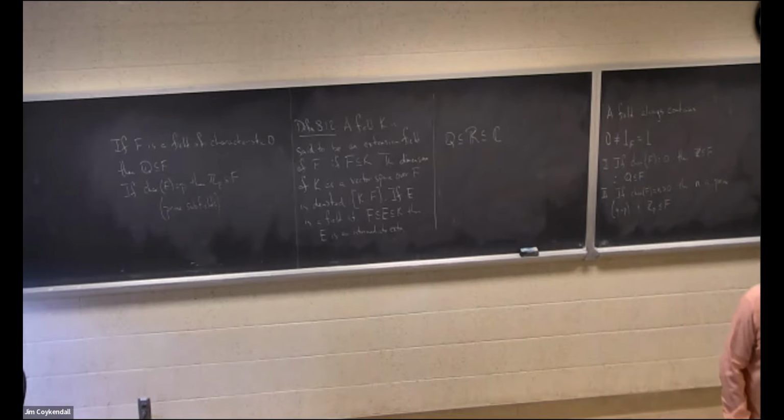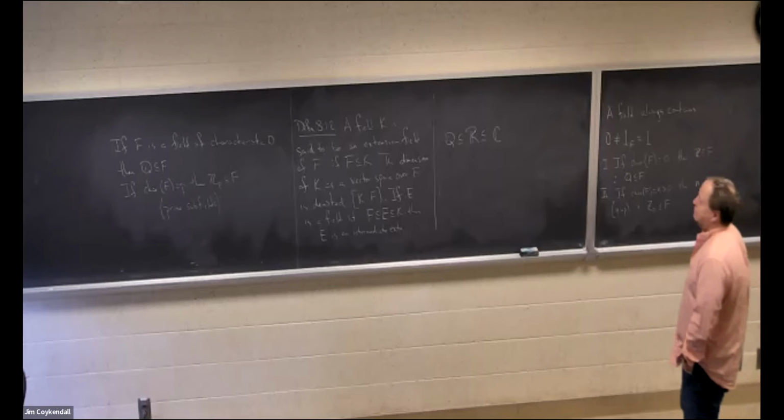That makes 1 and i a basis for the complex numbers over the reals. So what's the dimension of the reals over Q? Very big. In fact, it's uncountable.